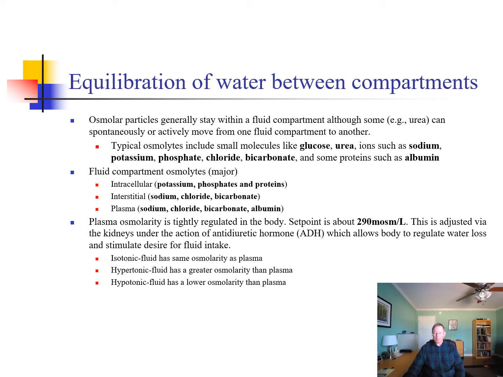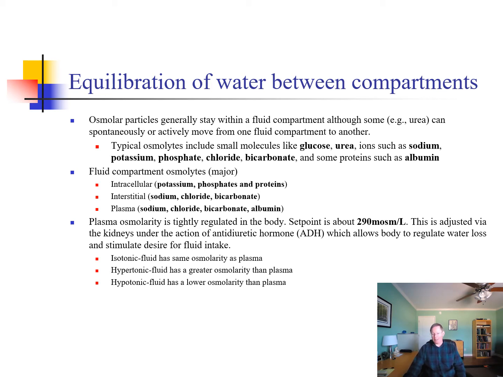Now, some osmolytes can move between compartments relatively spontaneously, and others have to be actively transported. Active transport meaning that I have to actually use energy to move from one compartment to another. And most of the time that's because I'm going against a concentration gradient. So these osmolytes can be small molecules, glucose, urea.